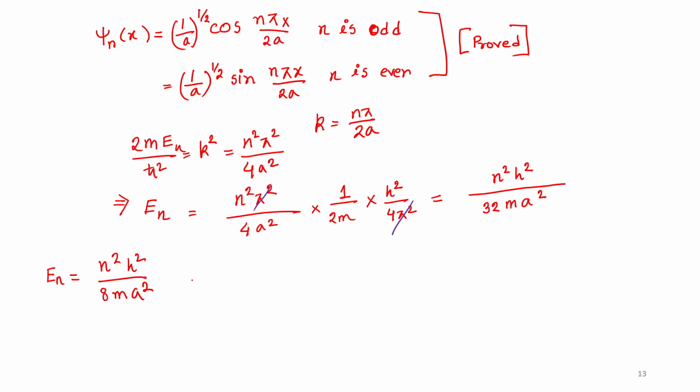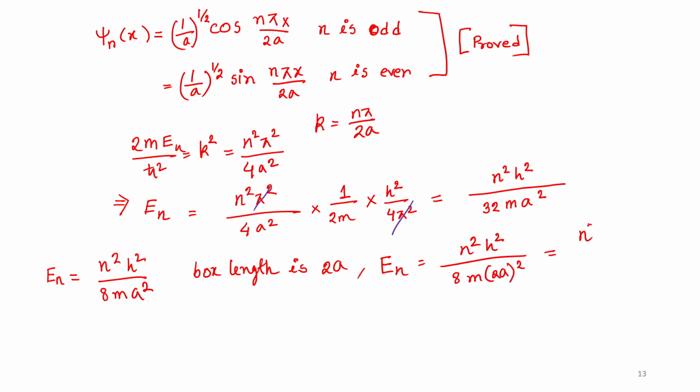Now suppose my box length is 2a, what would be the energy expression? It would be n square h square by 8m (2a) square. See, this is also nothing but n square h square by 32 m a square.